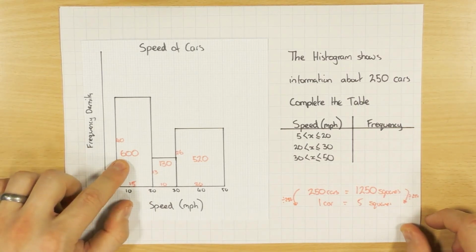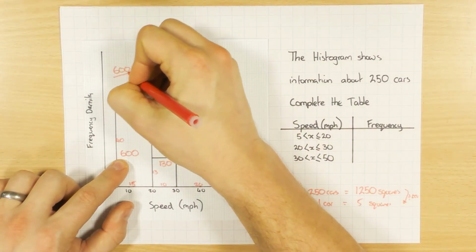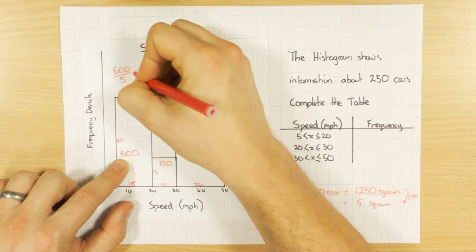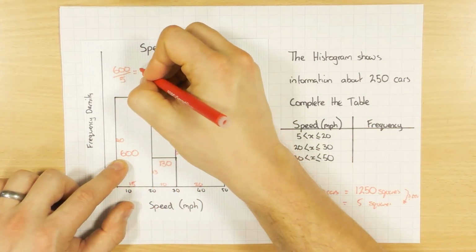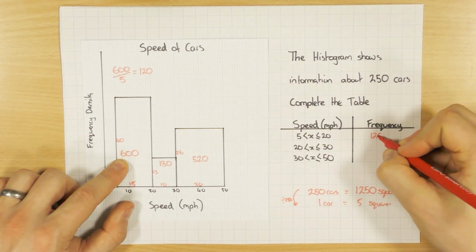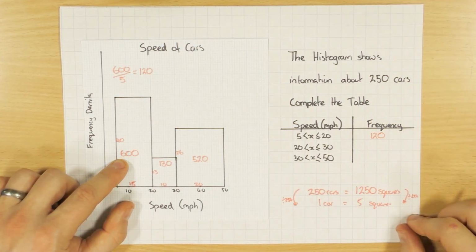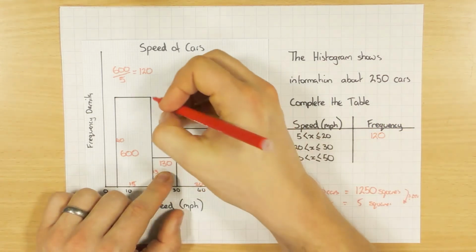Now I had 600 squares here, so all I'm going to do is do 600 squares divided by 5 squares to work out the frequency for this. So 600 divided by 5 is 120. So 120 is the frequency for that one. Next one was 130 squares.